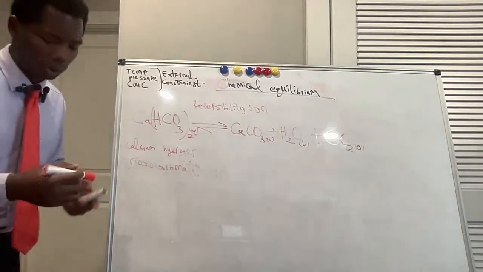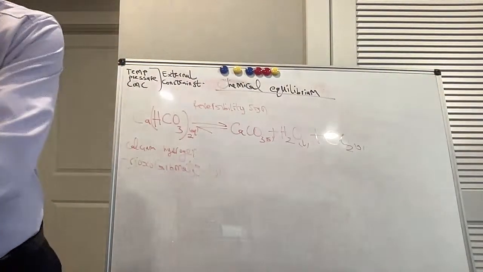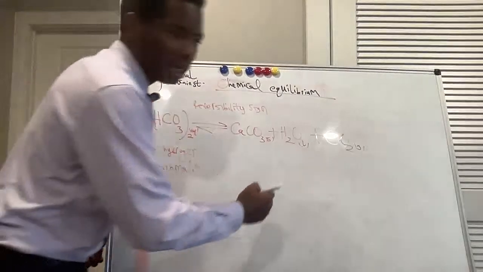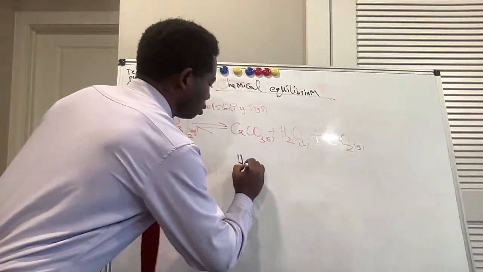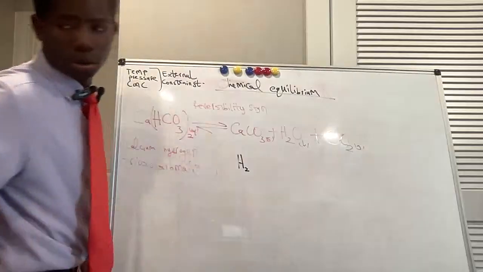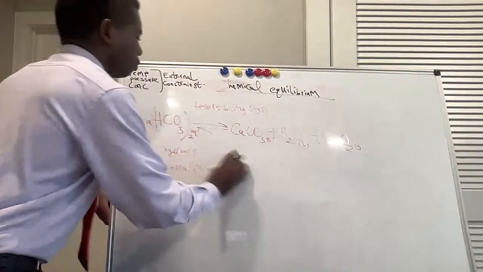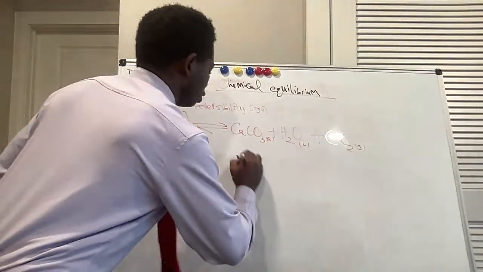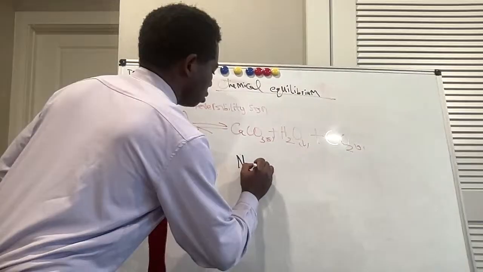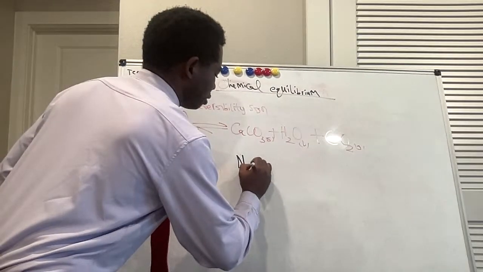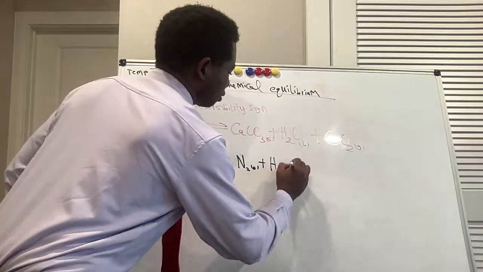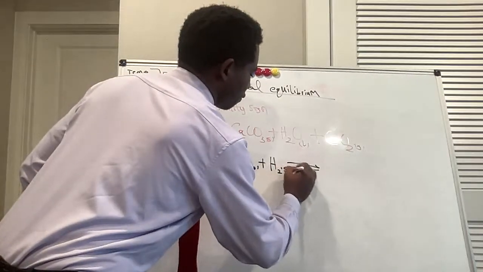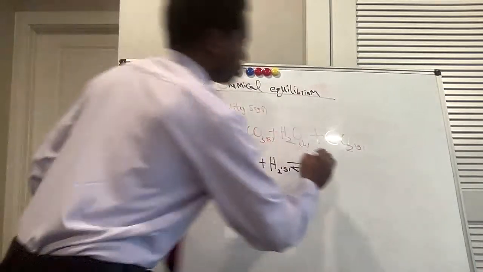Let's look at more examples of a system at equilibrium. When nitrogen gas reacts with hydrogen gas to give what? Ammonia.